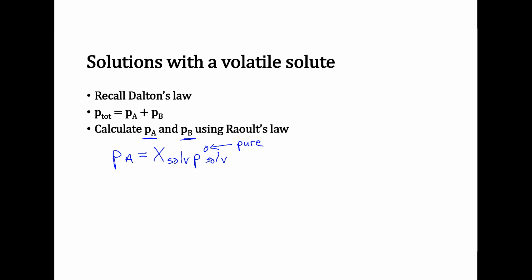So one of them may be considered the solute and one of them may be considered the solvent. So we're going to have to use Raoult's law twice. So we have P sub B is equal to the mole fraction of the solvent times the pressure of the pure solvent. So let's go ahead and look at this.